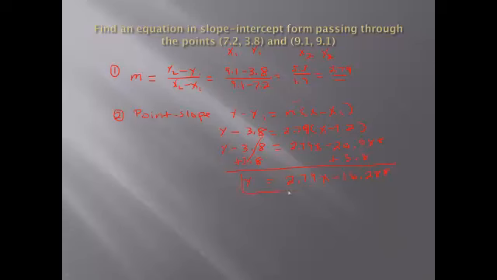And here's the equation in slope-intercept form. y equals, here's my slope, here's my y-intercept. So to do this, we found the slope first, and then we plug the slope and the point x1, y1 into this equation and got y by itself.